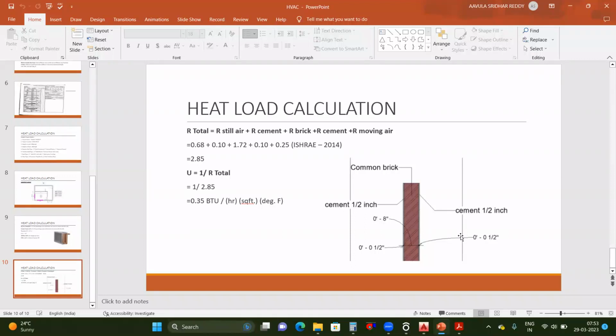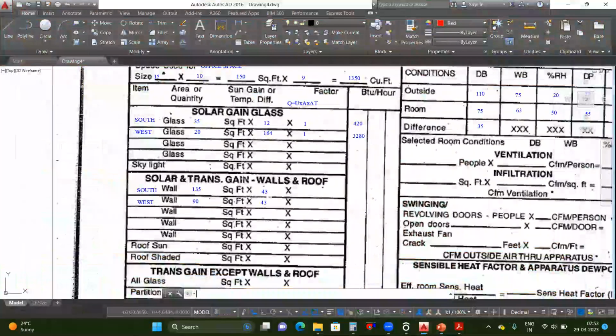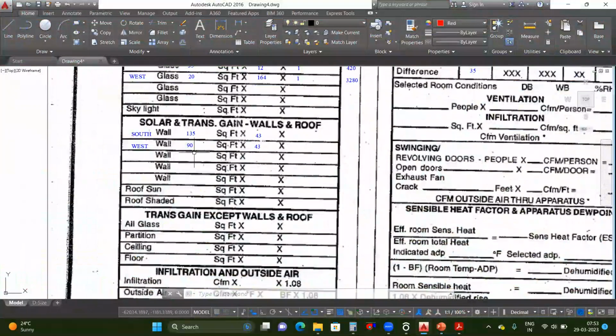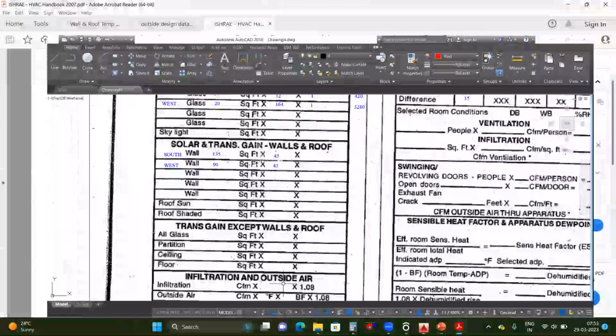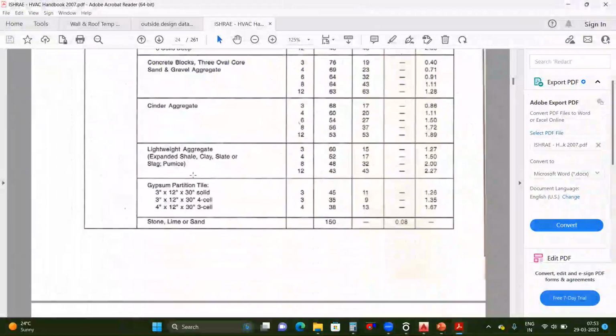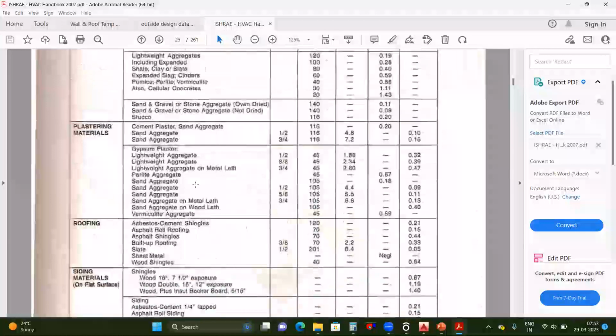First one is moving, still air. So this is the outside environment air. For still air, we will go to another table.